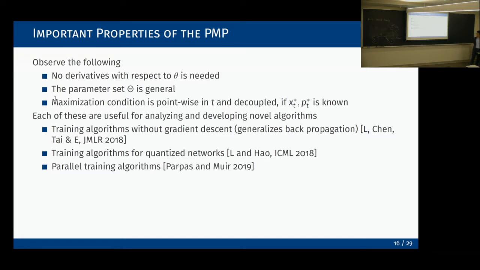But the maximum principle still holds, so you can use it to derive some algorithm. We have done that in this paper. And of course, the last point is that you can come up with parallel training algorithms because the maximization condition is decoupled. There's some work called E-MSA on this.